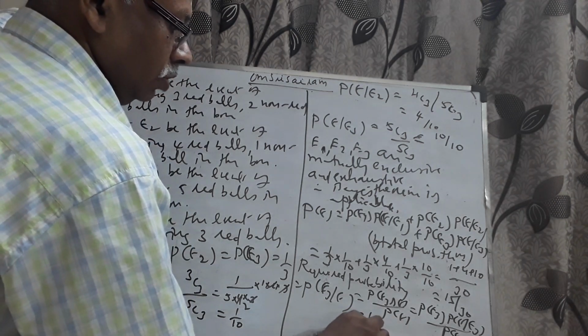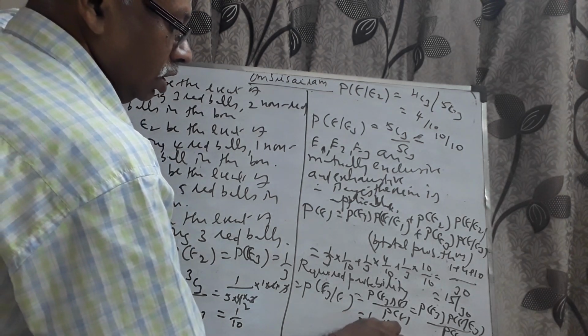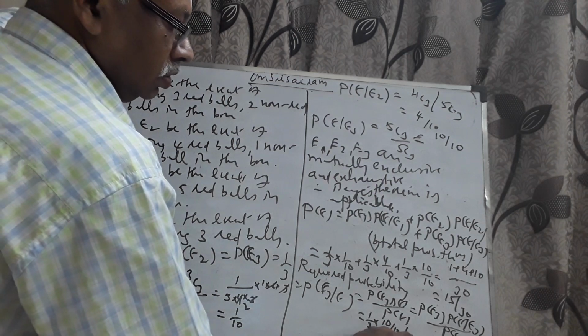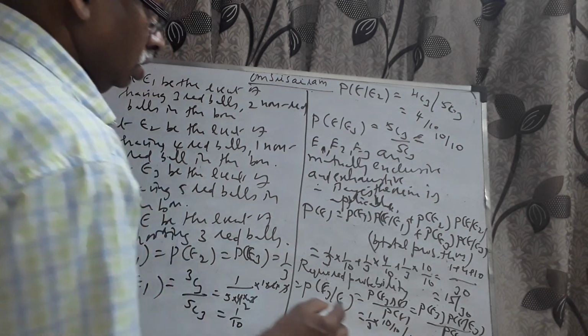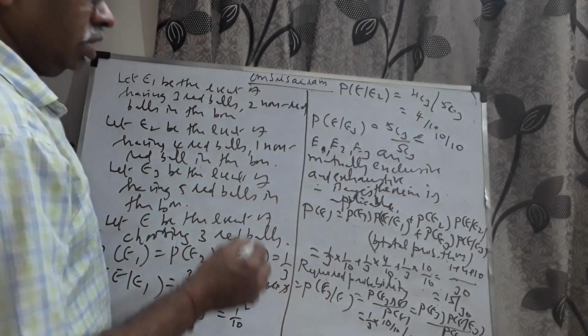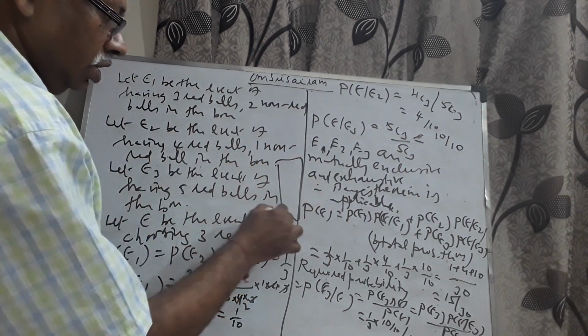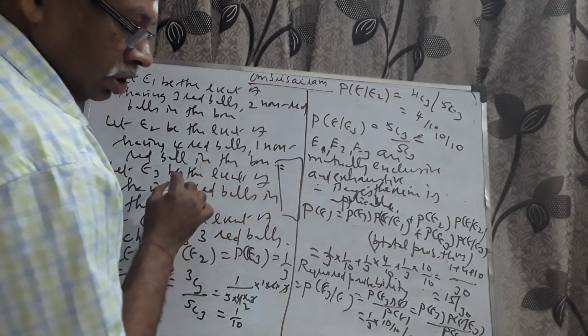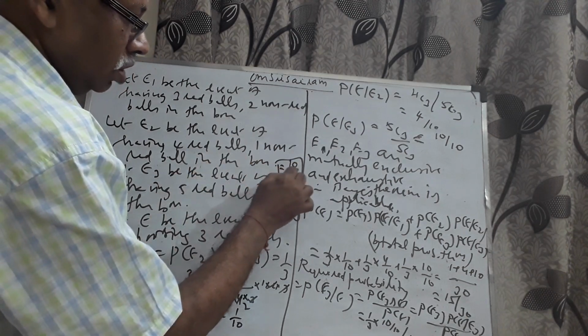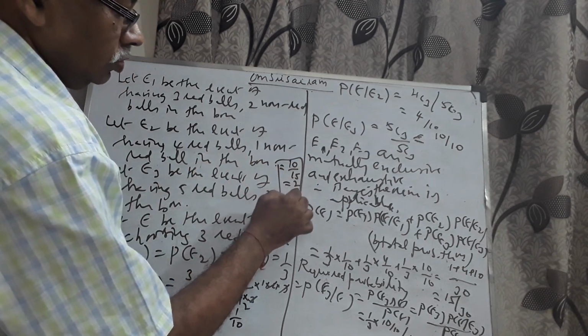What do I end up with? 1 by 3 into 10 by 10 by 15 by 30. Now only the reduction part, where should I write? It should be visible. Let me write here the final step, which is reduced to 10 upon 15, which is 2 by 3.